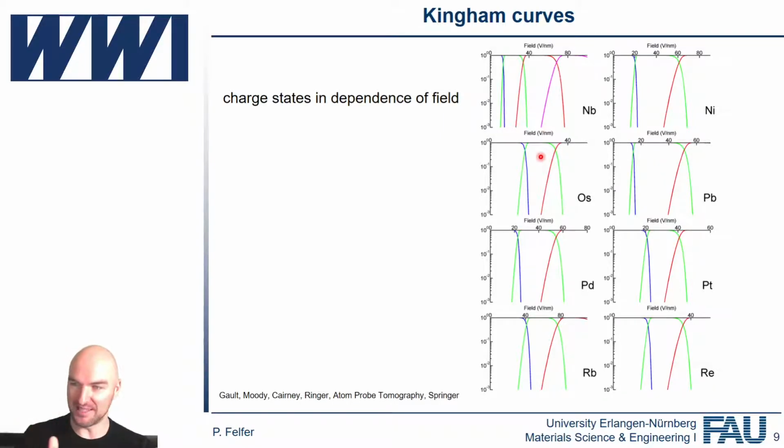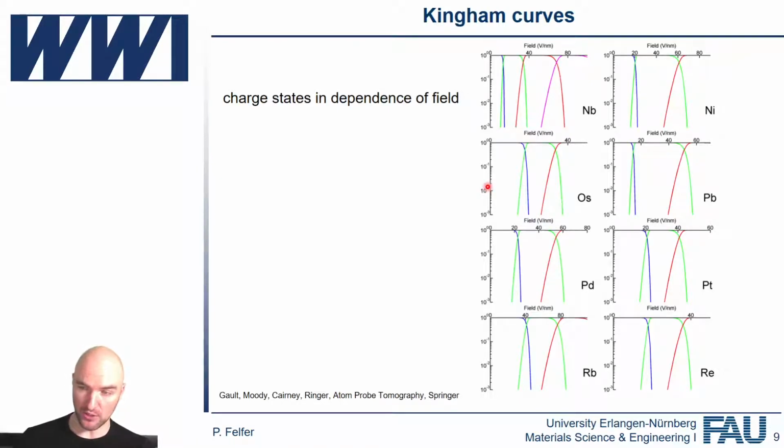Obviously, with laser, you're going to see 1 plus, maybe 2 plus. And with voltage, at low temperature, you might only see 2 plus or 3 plus or maybe even 4 plus. Whereas at higher temperature, you might see lower charge states. So this is a very good hint of what the temperature is and what the field is on your sample.